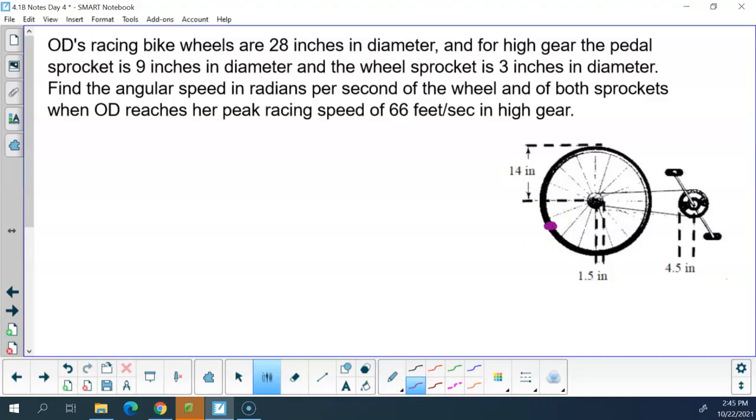So that is 66 feet per second. We need to get to the sprockets, both of them, right? So what can we do?